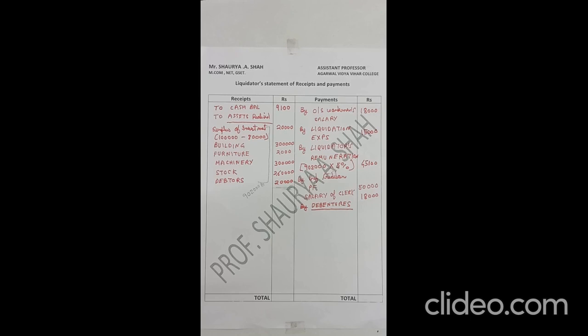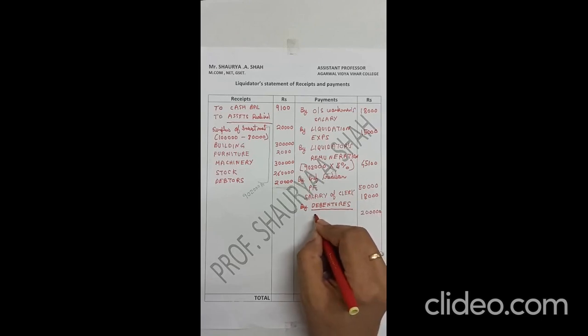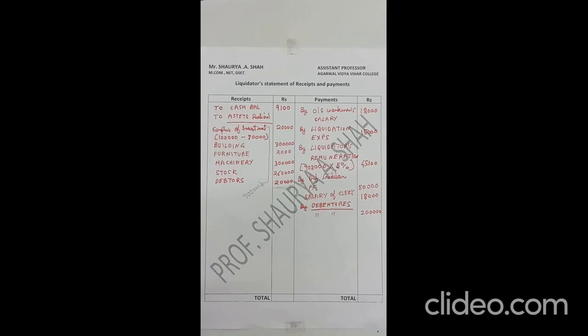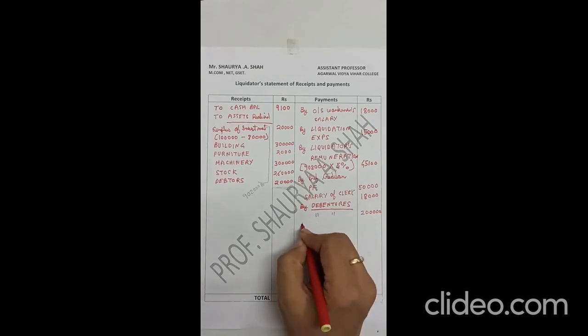So what do you include in that, dear students? The very first thing I will write down is by debentures. What is the amount of debentures I need to pay? That is 2 lakh. I need to pay interest on it also.